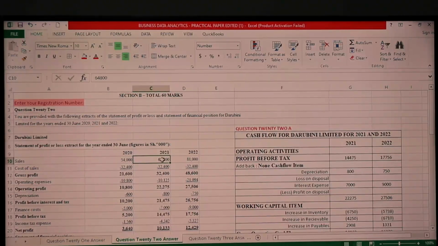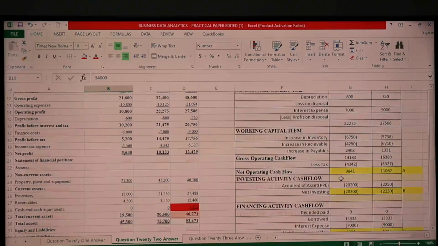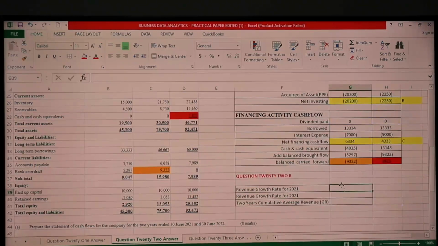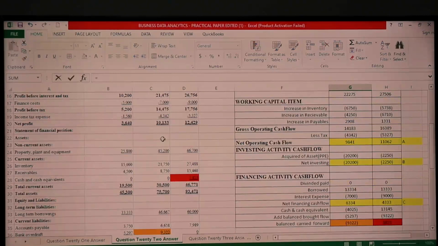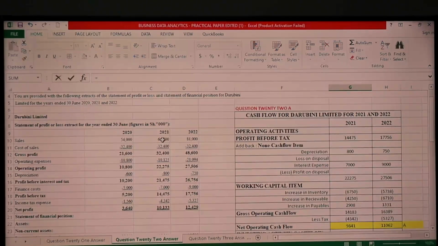The growth is this minus this. Then that growth you get, you divide by this for 2020. So simply you say that it is equal to the sales for 2021 minus sales for 2022.